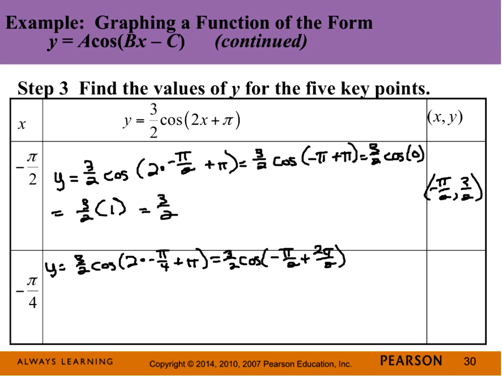So I've just gotten my common denominator there. And this is 3/2 times the cosine of pi over 2. And the cosine of pi over 2 is 0. So I have the point negative pi over 4, 0.